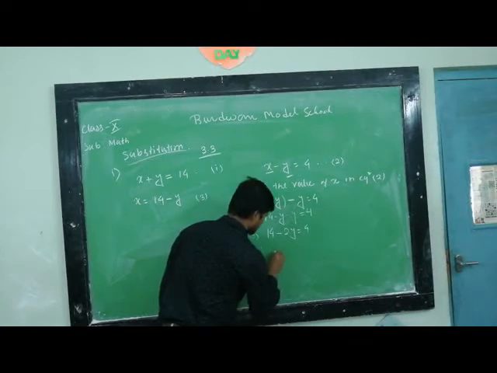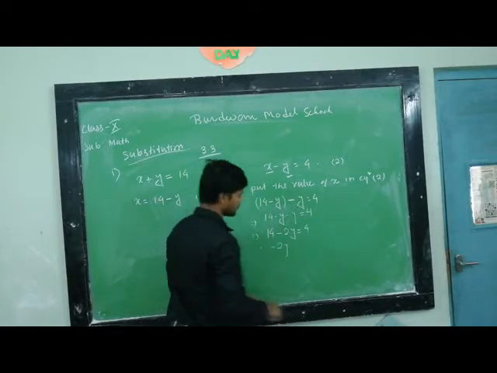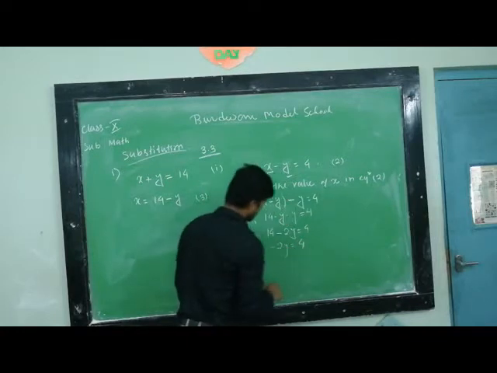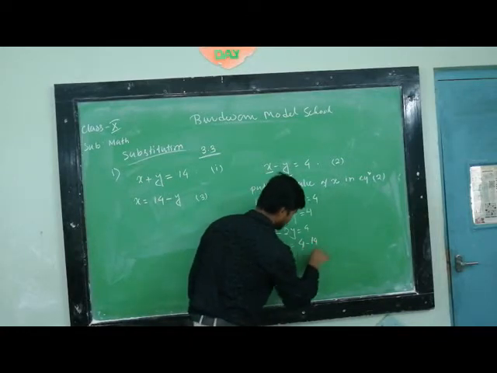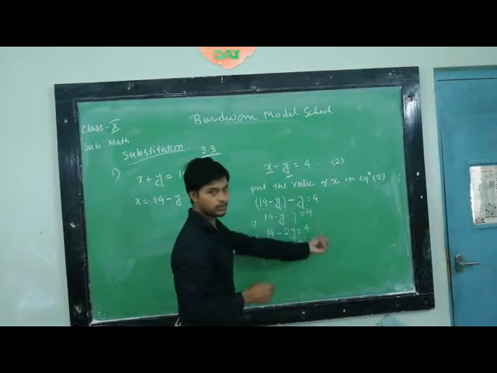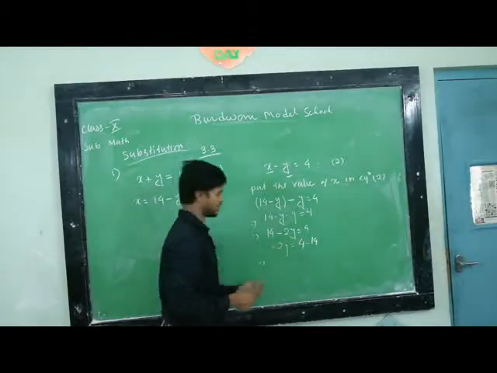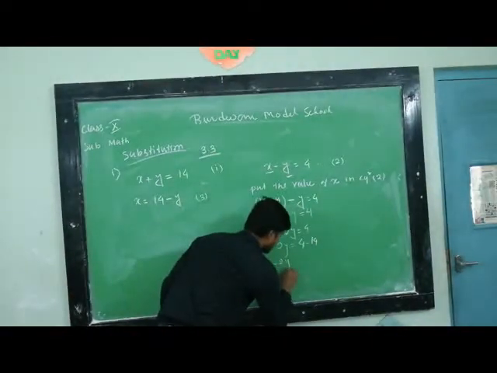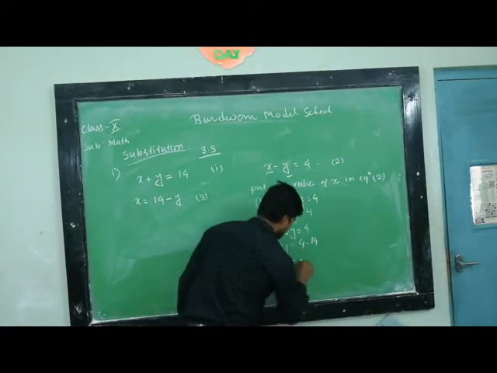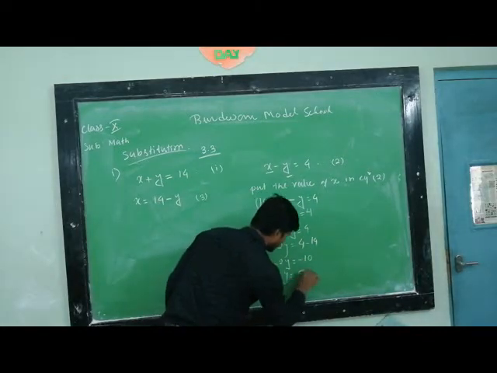That means minus 2y is equal to 4 minus 14. If we shift 14 from the left hand side to the right hand side, the sign of the quantity is changed. So minus 2y is equal to 4 minus 14, which is equal to minus 10. That means y equal to 5.